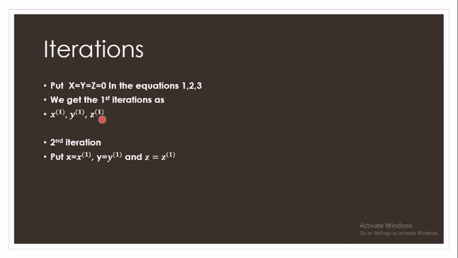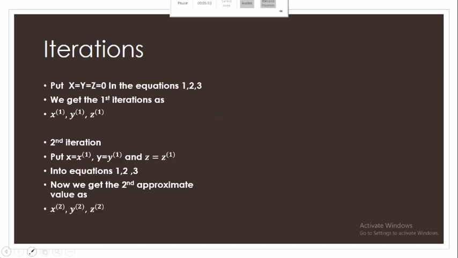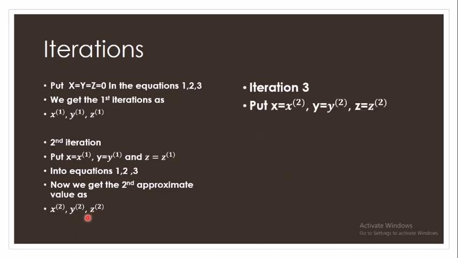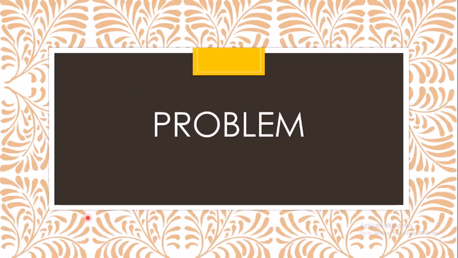After getting x1, y1 and z1, I put these values back in equations 1, 2 and 3, and then I get the second iteration, or approximate values, x2, y2 and z2. Iteration 3 will happen in a similar way, and so on.